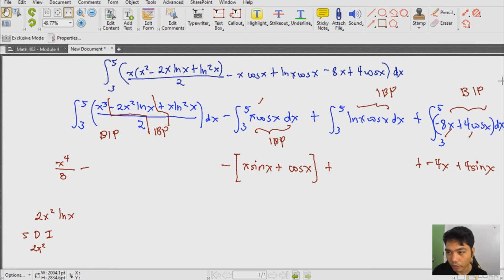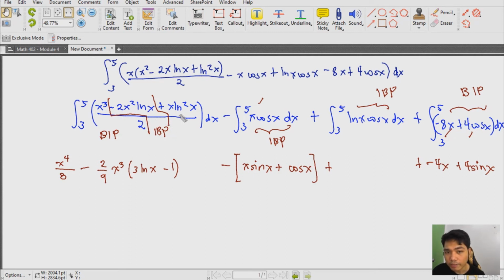Pero, you can obtain the result. So, from this, the antiderivative of 2x squared ln of x is actually equal to 2 over 9, and then x cubed, then 3 ln of x, and then minus 1. Okay, so this is the answer for this minus 2x squared ln of x.